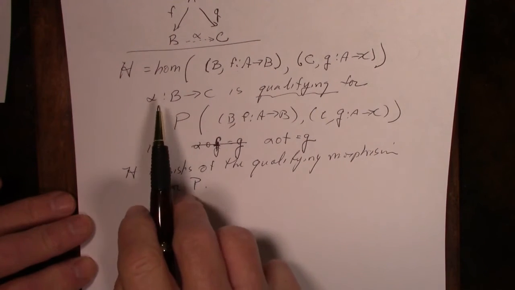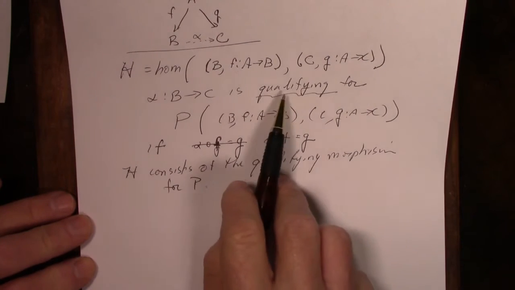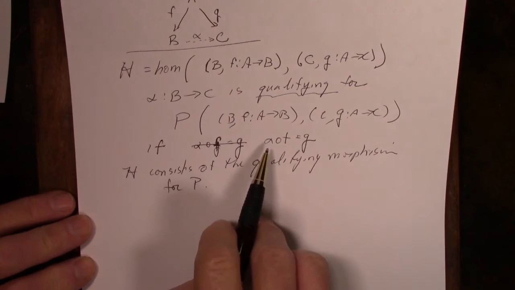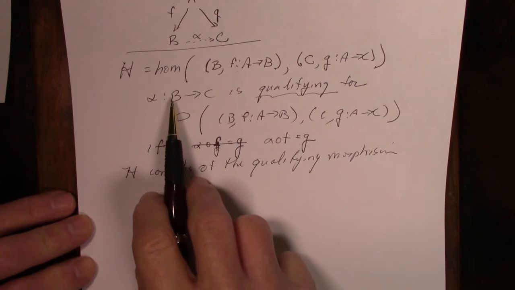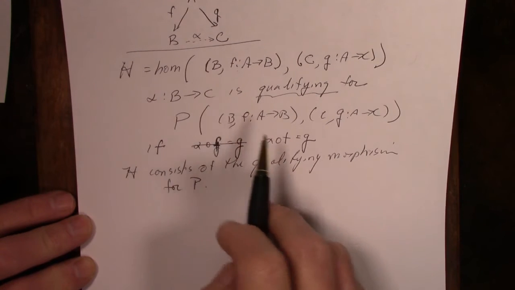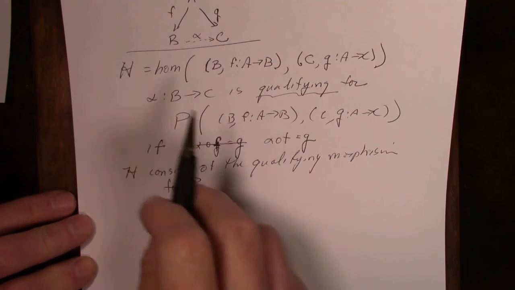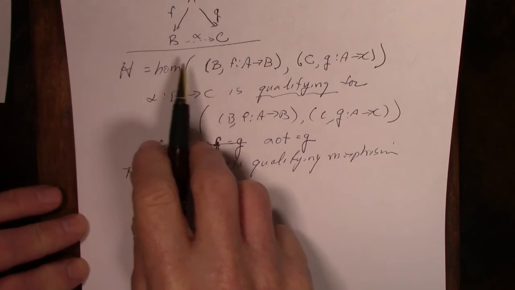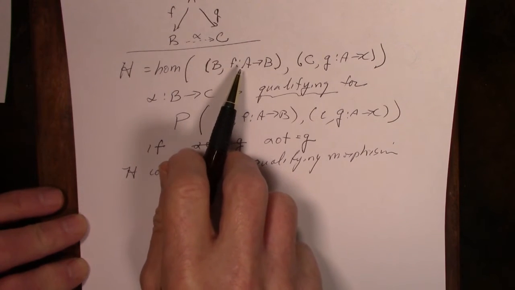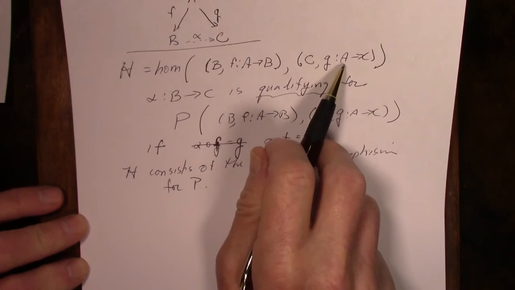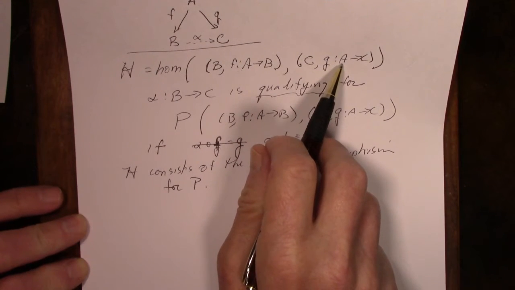When we think of alpha as a qualifying morphism, in other words, as a morphism satisfying this property, its domain is B and its codomain is C. But when we think of alpha as a morphism in the comma category, the domain is this object and the codomain is this object.